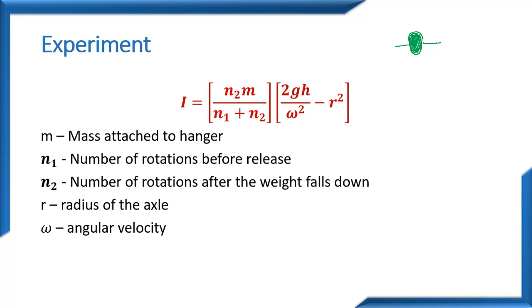Okay, so what we do is, we will attach a mass m to a string, and the string is wound over this axle, and we will bring this mass to a height h by winding this over the axle, and this string is actually connected to something called a peg in the axle.